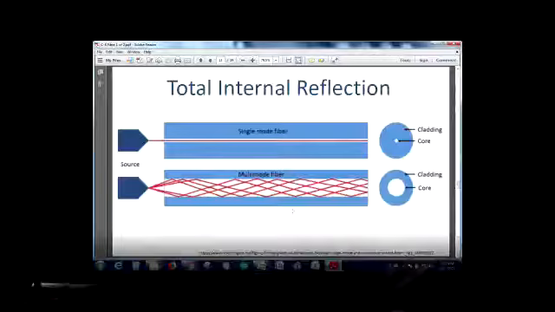Now, when we are injecting the light into a multi-mode, the core is much larger in diameter, and the light is injected under different angles. Basically, it's like having a larger light bulb as opposed to a very precise laser beam.